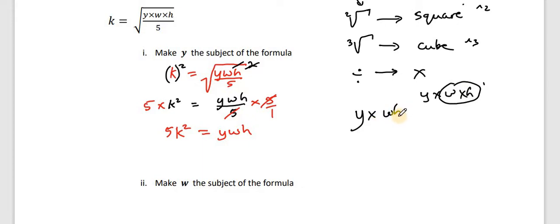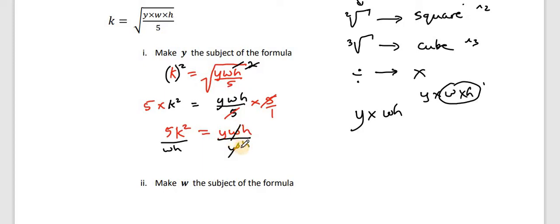Still saying w times h. But I'm saying wh is multiplying y. Since I want to make y the subject, I'm considering that wh collectively as a term is multiplying y. So I'll divide both sides by what? wh. Collectively, they are multiplying y, right? Understand that so far? Yes, sir.